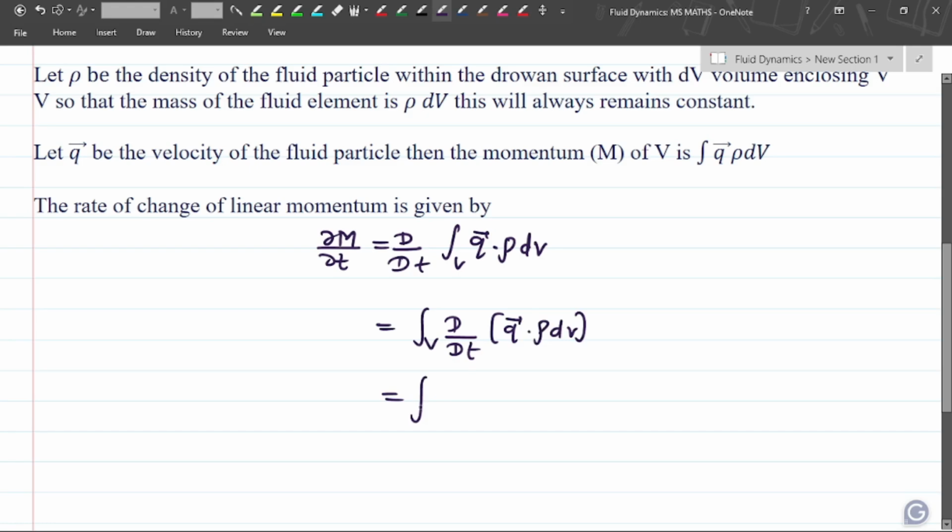On differentiating these two using the product rule, we get dq over dt, and the other part remains the same.